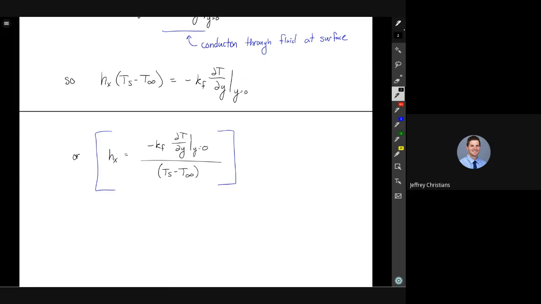No matter what else is happening farther away, because of conservation of energy, you have to travel through that first little bit of fluid before you can go out into the fluid somewhere further away. That first little bit of fluid is stopped by definition because of the no slip. So we have to travel through that fluid by conduction.